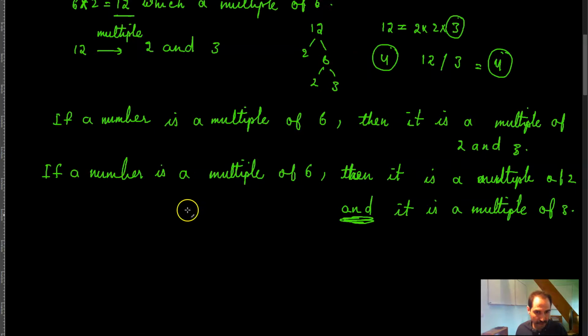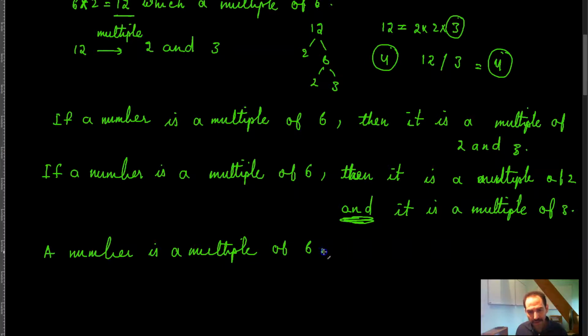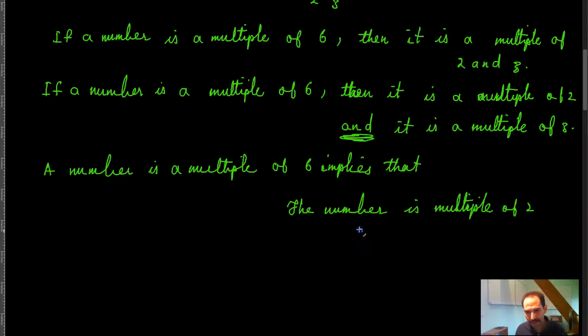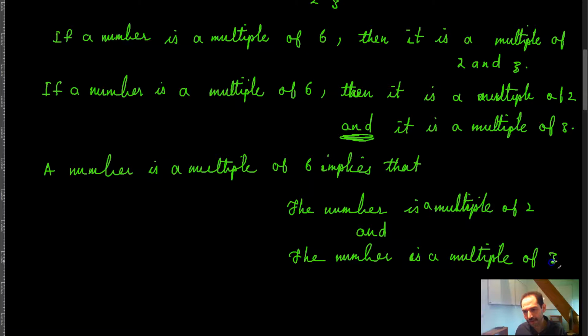Based on this situation, I can say that a number is a multiple of 6 implies that the number is a multiple of 2 and the number is a multiple of 3, right?